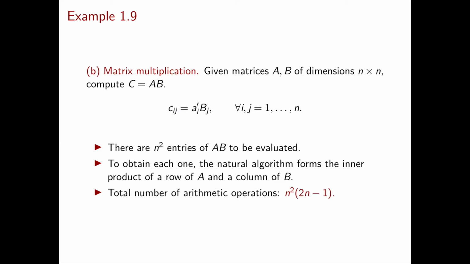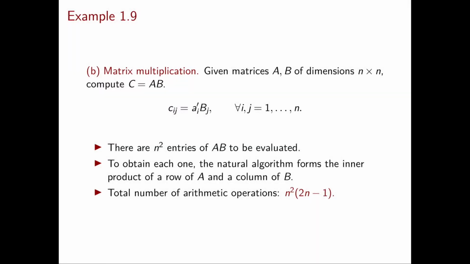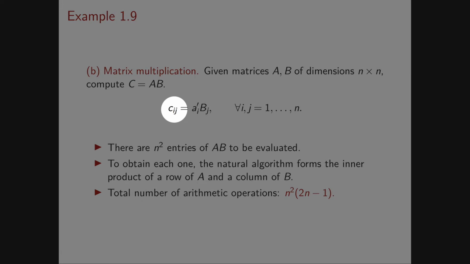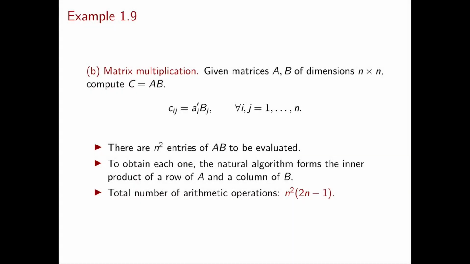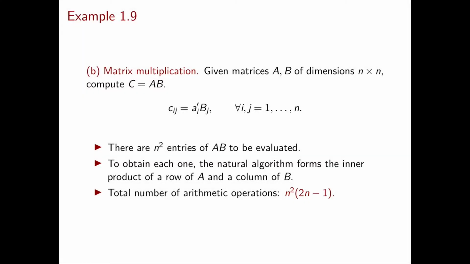Here we have two matrices A and B of dimensions n times n, and we want to compute the product C equal to AB. Now we know very well how to compute the product of matrices, namely the entry ij of the product matrix C is obtained as the inner product of the ith row of A with the jth column of B. We already know that performing the inner product among two n-vectors requires 2n minus 1 arithmetic operations.